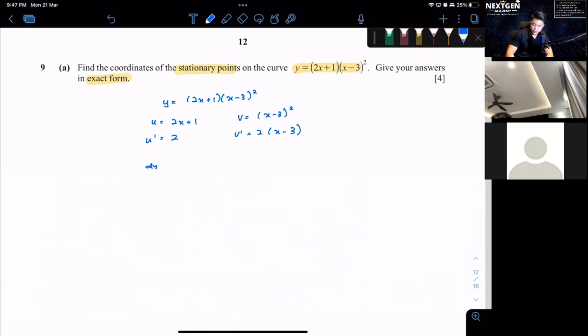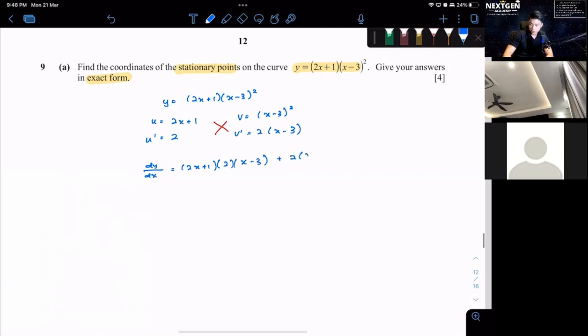Okay, dy over dx. We have to do uv prime plus vu prime. So 2x plus 1 times 2 bracket x minus 3 plus 2 times x minus 3 squared.